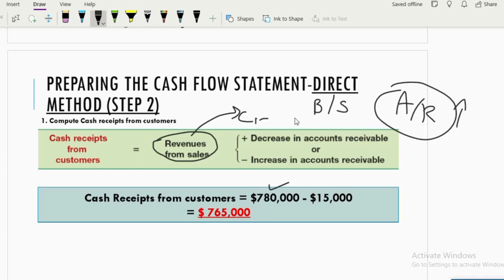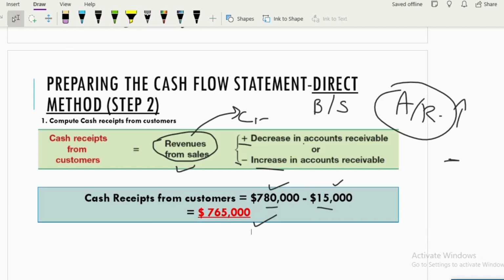So we are going to subtract this increase in accounts receivable, because we did not get the money for these sales. If your accounts receivable increase, you subtract it. If your accounts receivable decrease, you add it. Why? Because last year's receivables, you are also collecting them, so they are bringing the money. In this question, I don't have anything from last year, so the increase was 15,000, so I subtract it from my sales. In this case, I get my cash sales.